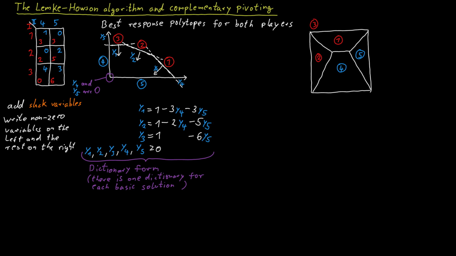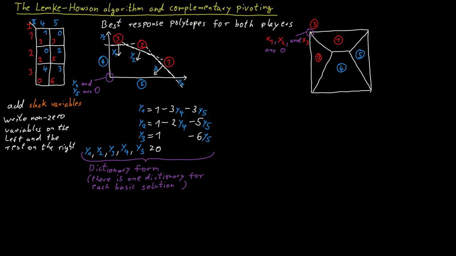And then we can look at a particular vertex in that polytope. Let's say this one, where we have the labels 1, 2, and 3, meaning the variables x1, x2, and x3 are actually 0. So what would be the dictionary for that basic solution?